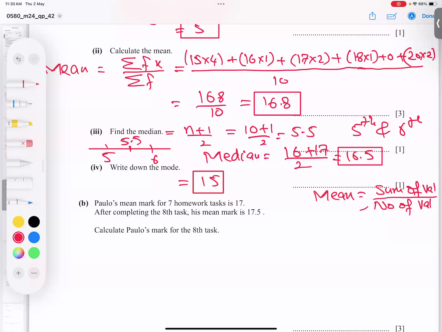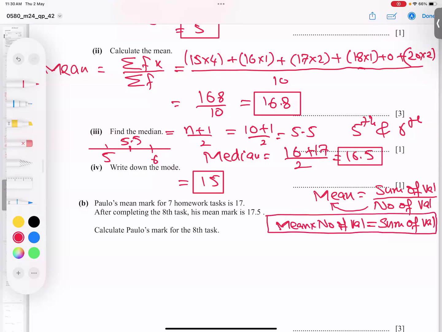But if I multiply the number of values with the mean, the formula will turn to be what? Sum of the values is actually mean multiplied by the number of values. So this formula you have to keep in mind as well. Memorization is not needed, because you know how to generate it in a matter of 1 step only.